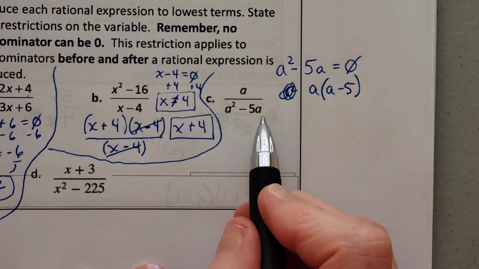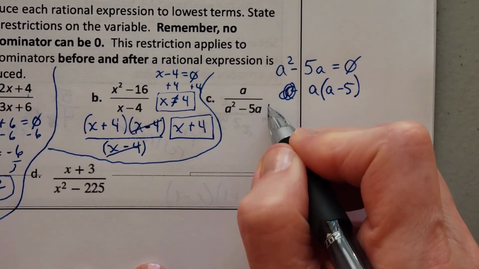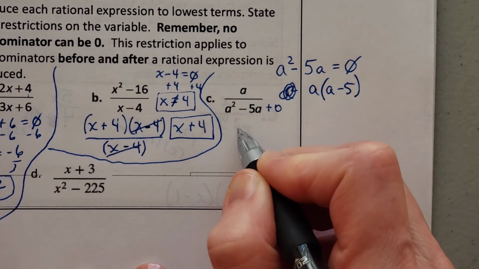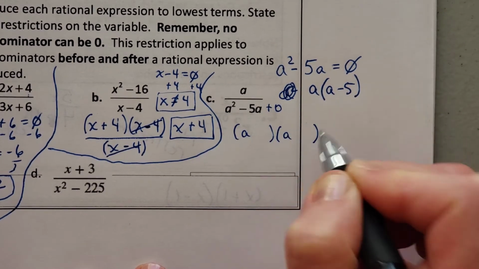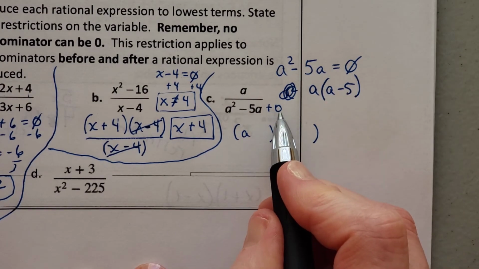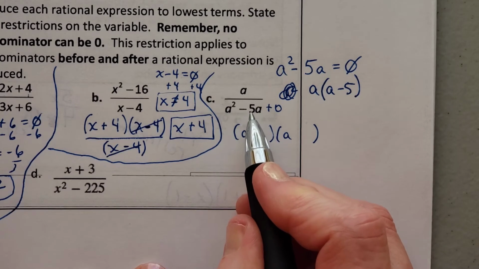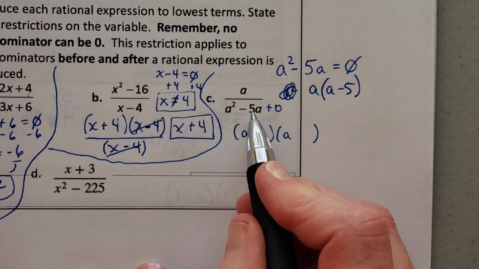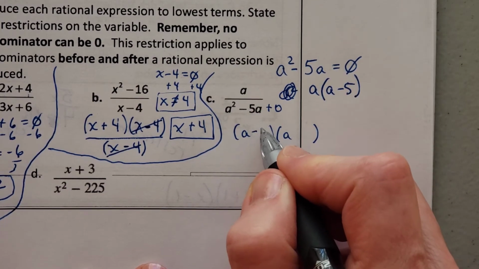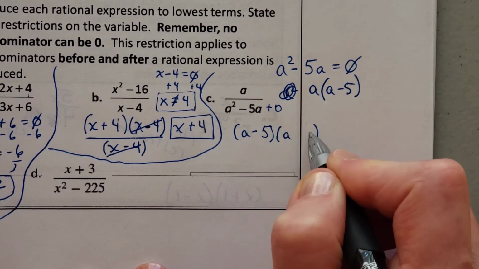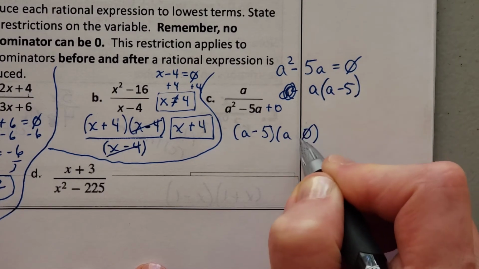I'm trying to reduce this. So my constant would be 0, wouldn't it? All right, so is there a number? Two numbers, when I multiply, I get 0, and when I add them, I get -5? Well, that would be -5 and 0. Yep.